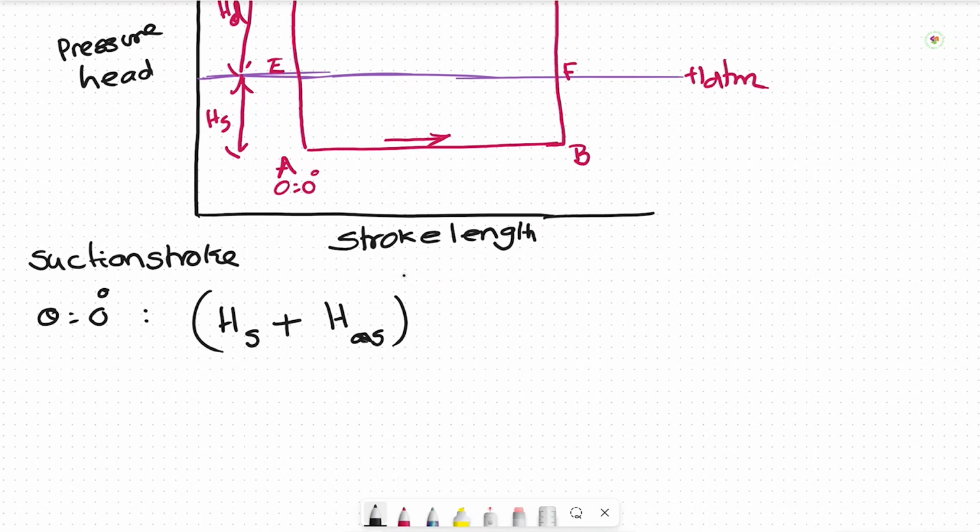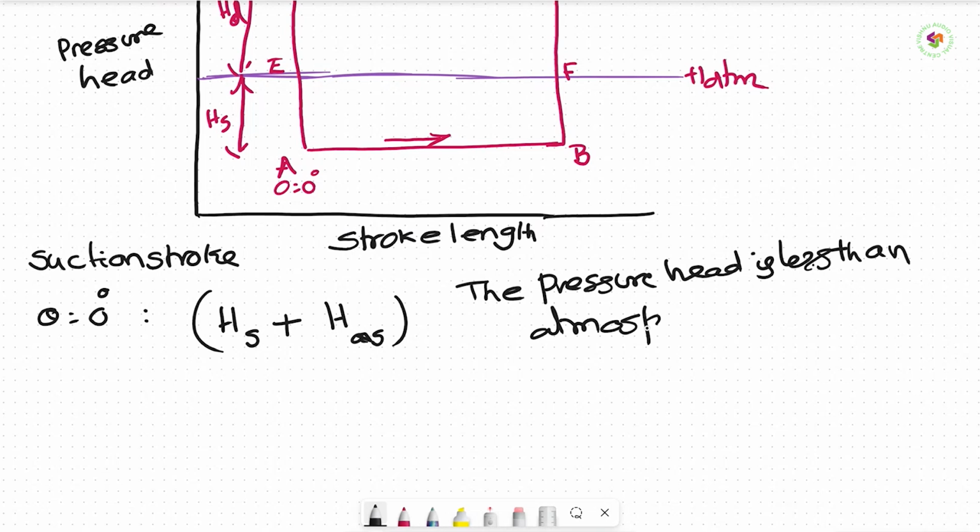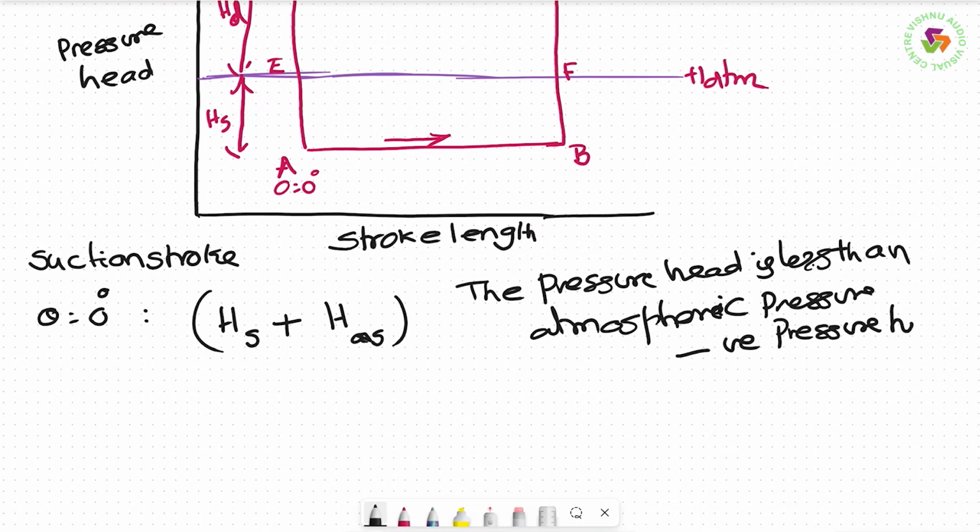During the suction stroke, the pressure head is less than atmospheric pressure; it is a negative pressure head. Previously it was just HS. Now, because of acceleration, this additional HAS has come.